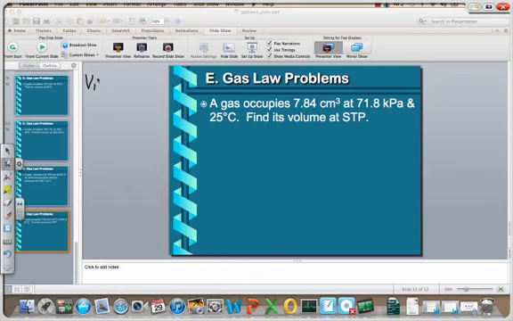So we're going to say V1 is equal to 7.84 centimeters cubed. At 71.8 kilopascals, that's pressure. And 25 degrees Celsius, so the temperature is 25 degrees Celsius, but we have to add 273 to that, and we should get 298.